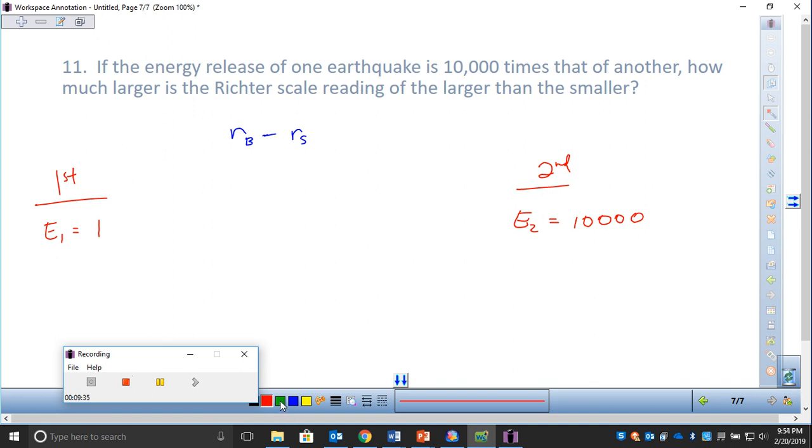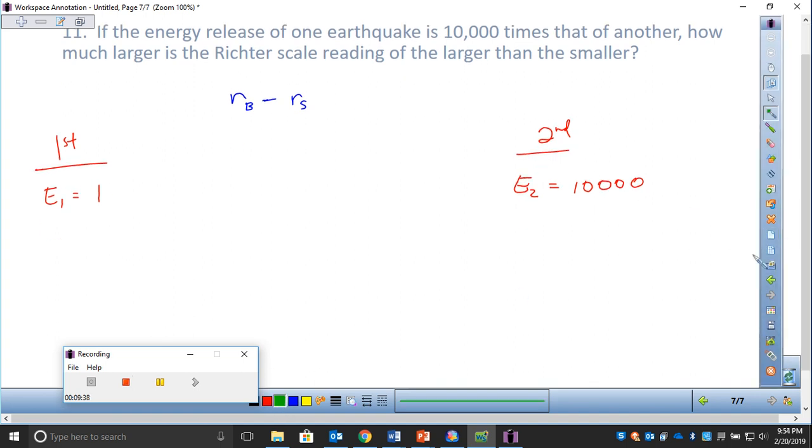Now we set up our equation with these two energies. My first one, the magnitude is going to equal 2/3 log of 1 divided by 10 to the 4.40. The second one is magnitude 2, and this is magnitude 1.